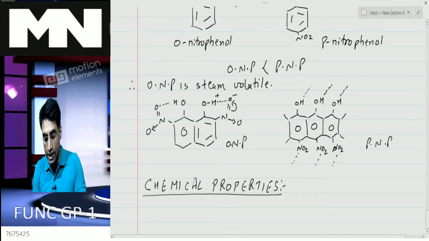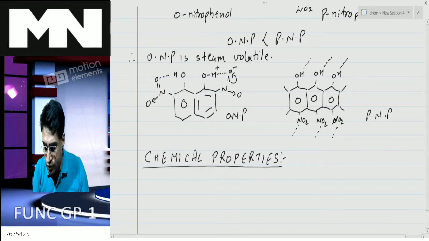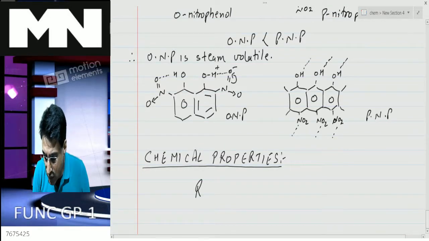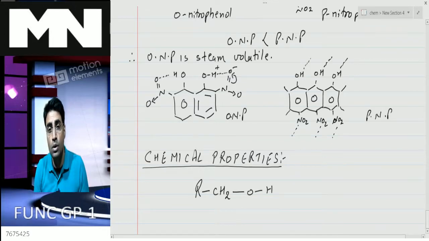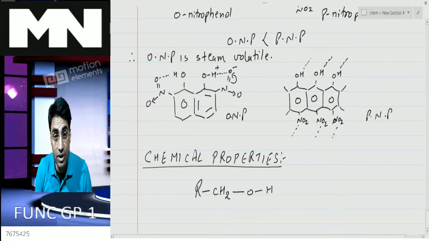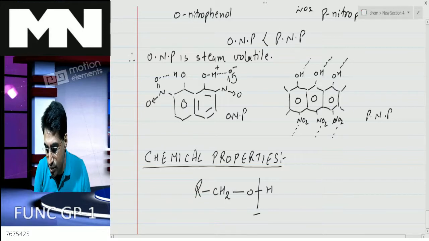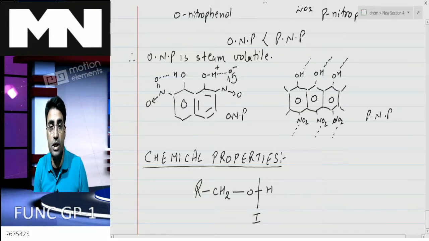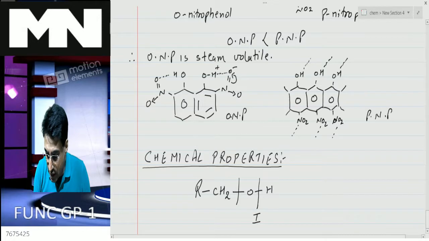If I talk about their chemical properties, their basic structure is like this: R CH2OH. So their properties can be divided into three main types: reactions involving breaking of the oxygen-hydrogen bond, reactions involving breaking of the carbon-oxygen bond, and reactions involving the whole of the alcohol molecule.